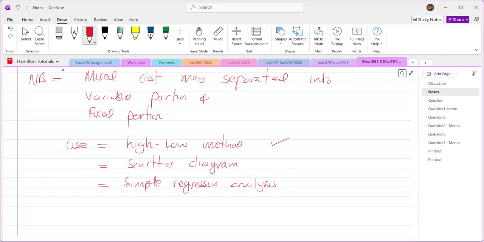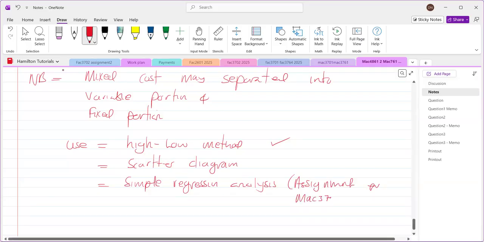The only time that we may need to use this is in the assignment, for MAC 3701 only. But for the CTA, normally you don't touch on simple regression.